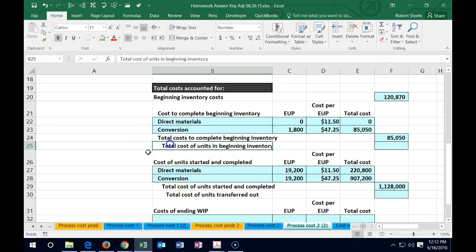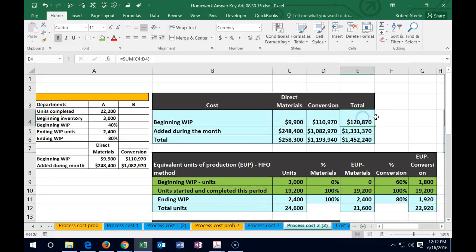So we have a subtotal here that's going to say the total cost of units at the beginning inventory. Remember, we're talking about the work in process that's still in department A, and the units that were in there at the beginning, allocating the cost. That cost that's already in there is the stuff that happened last month, the 120,870 in terms of dollars. That was given to us way up here at the beginning.